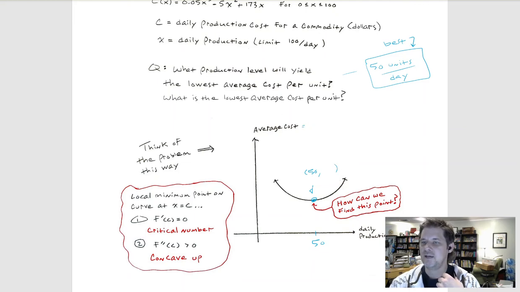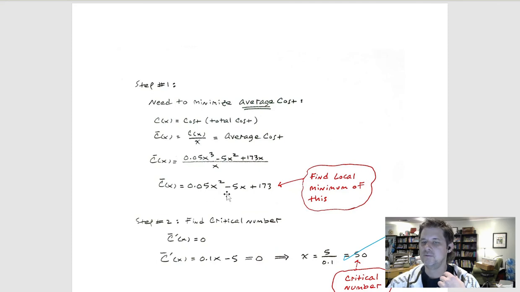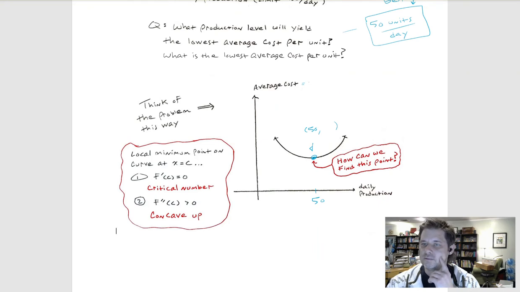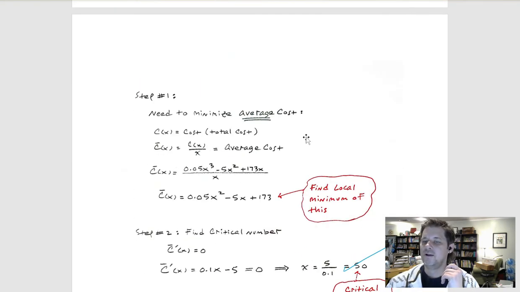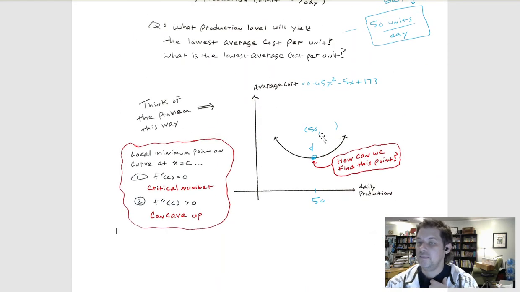Let's see, the average cost function was 0.05x squared minus 5x plus 173. So let's do that. To find that y coordinate, or to find what the lowest average cost per unit is, I would just need to take 50, the x coordinate, and put it in there.